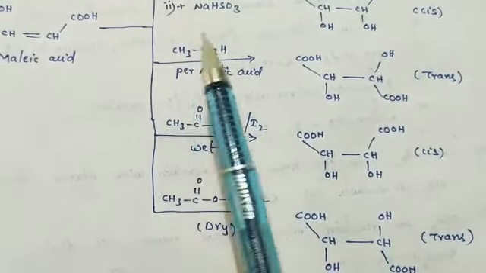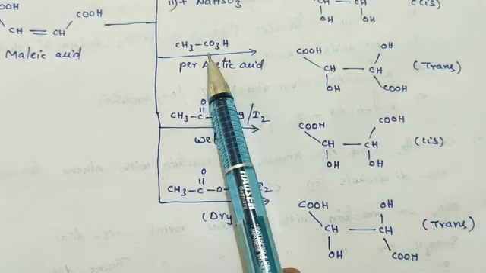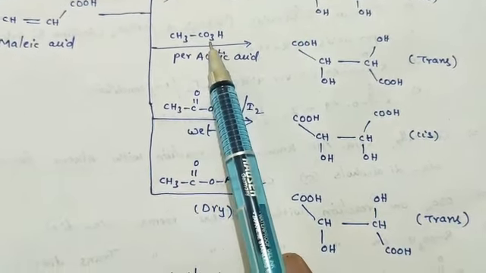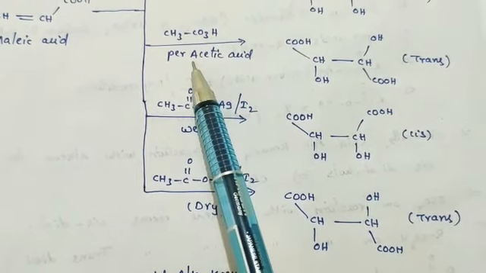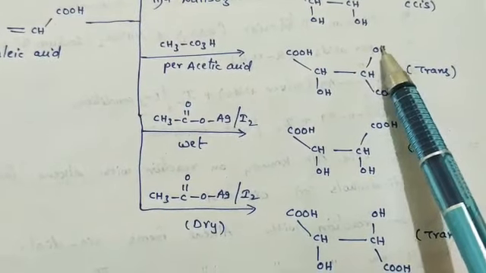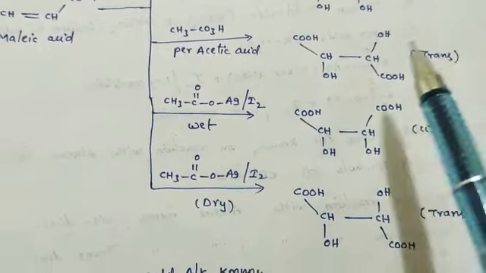Acetic acid is CH3COOH, and with an extra oxygen we call it per-acid. So peracetic acid forms a trans compound, with one OH group on the top and one on the bottom. It is a trans compound.